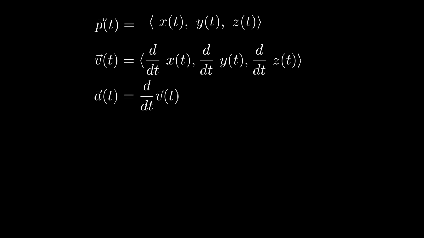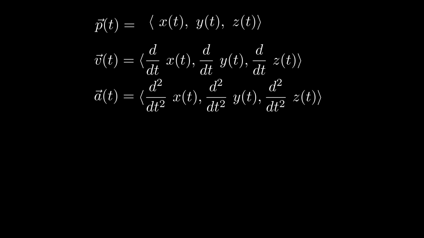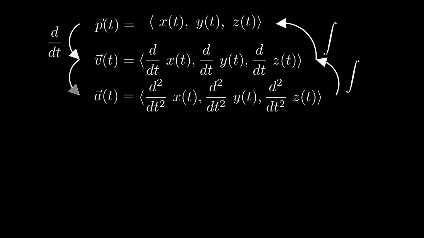Acceleration is the derivative of velocity, so it's the second derivative of position with respect to time. In a similar manner, we can write down a(t) as the second derivative of x, y, and z. Now, depending on the information that we have, we can choose to integrate a or v to get v or p, or choose to differentiate p and v to get v and a.